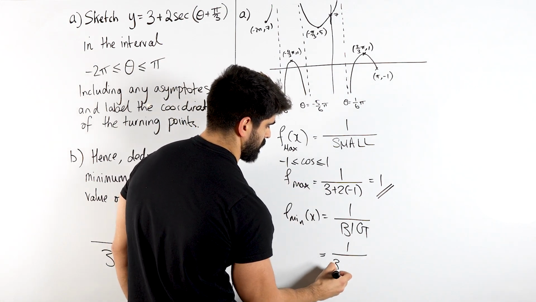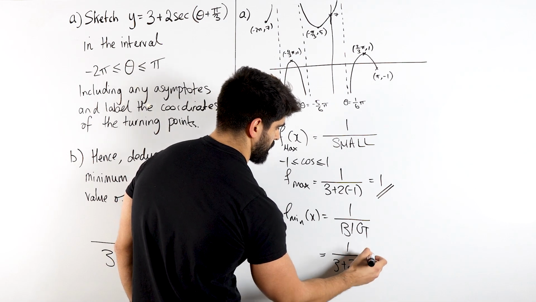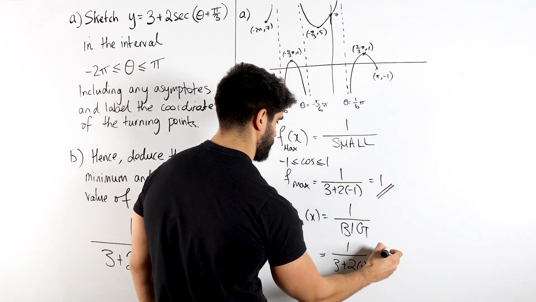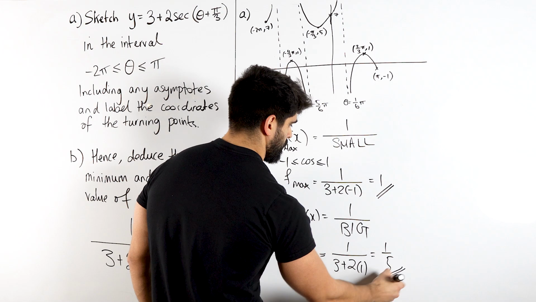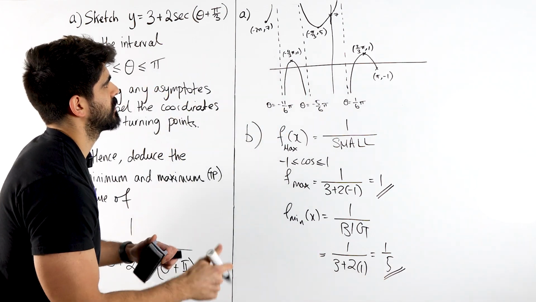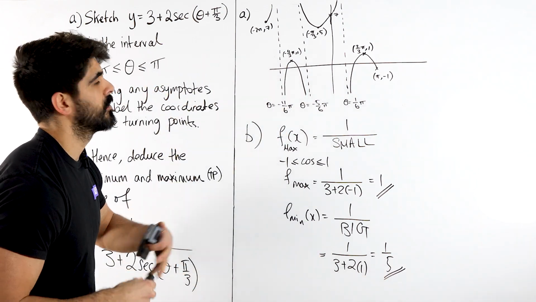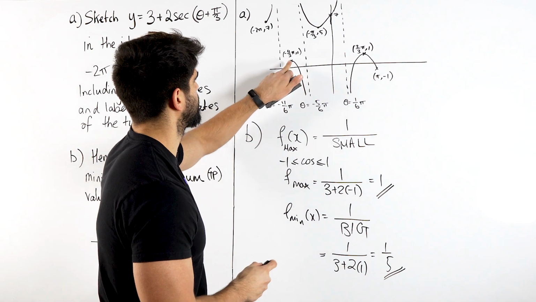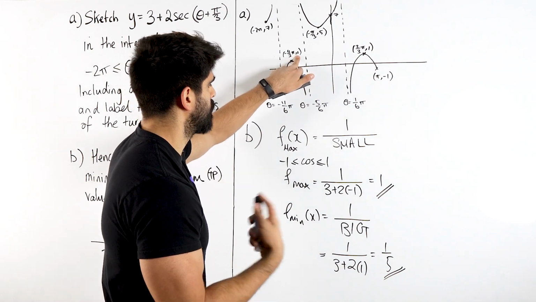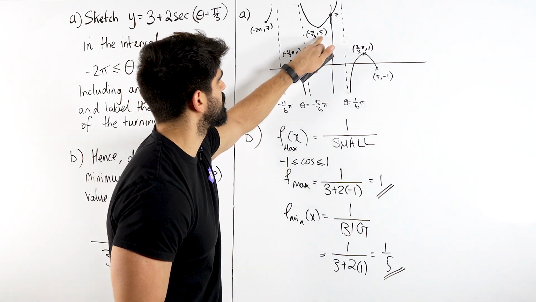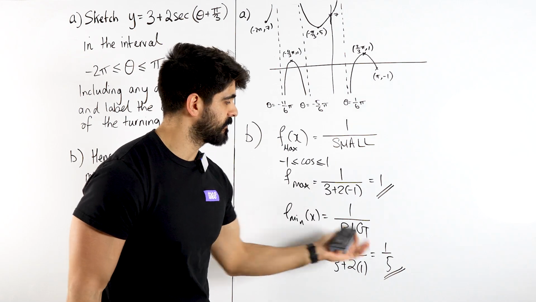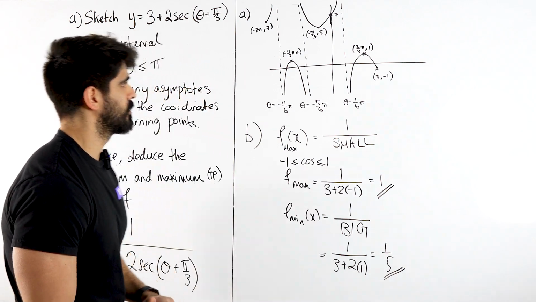It will be 1 over 3 plus 2 times 1, which is 1/5. Okay? And that makes sense in terms of this. When we reciprocate, you see the turning points here are when y is 1. 1 over 1 is 1. Here the other turning point is at 5. 1 over 5 is a fifth. And those are those answers.